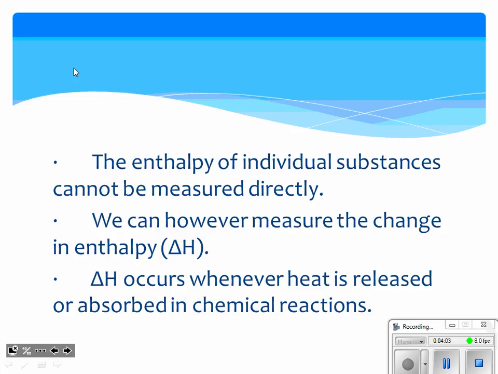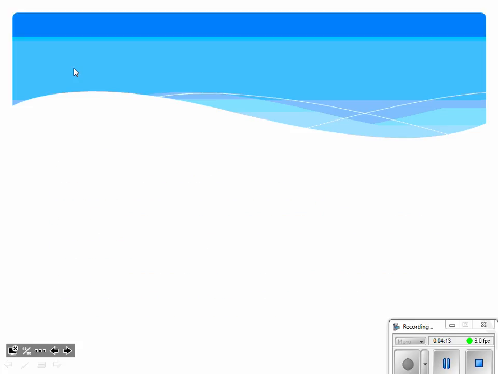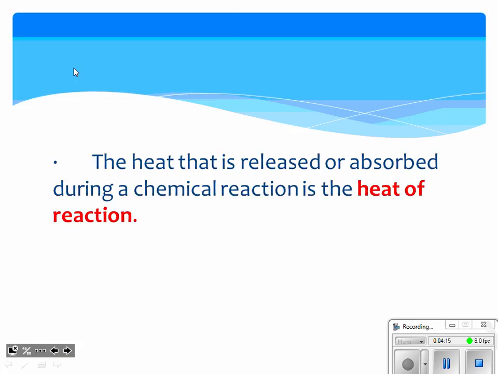So even though we cannot measure enthalpy, we can measure changes in enthalpy. The heat that is released or absorbed during a chemical reaction is called the heat of the reaction.